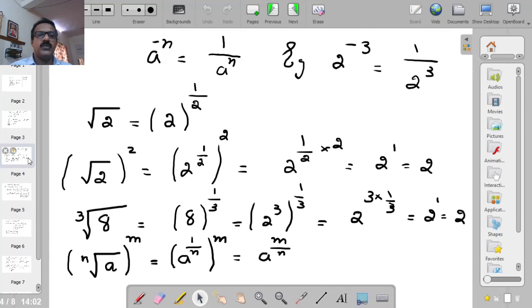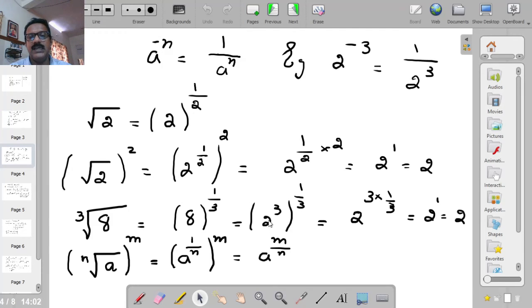So square root of 2 the whole squared, that is square root of 2 into square root of 2, is equal to 2. Similarly, cubic root of 8 is equal to 8 to the power 1 over 3. But we know 8 is equal to 2 to the power 3, so 2 to the power 3 the whole raised to 1 over 3.